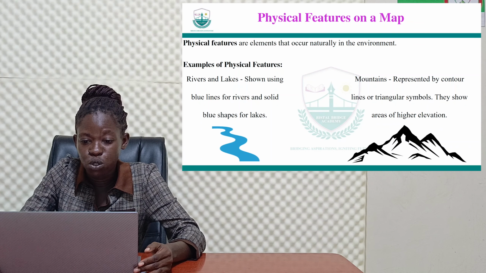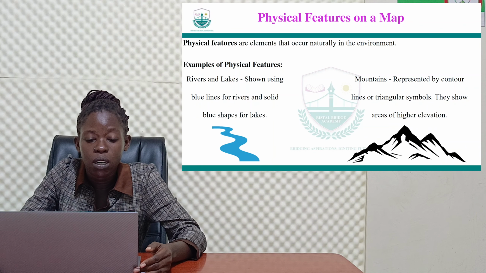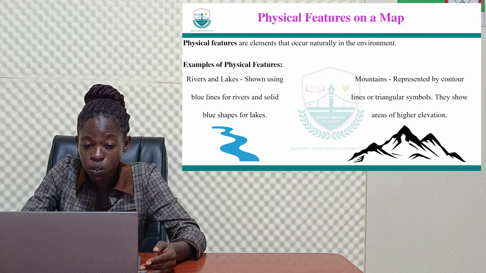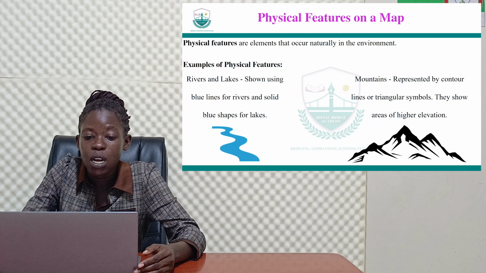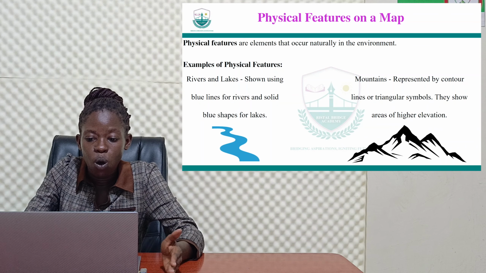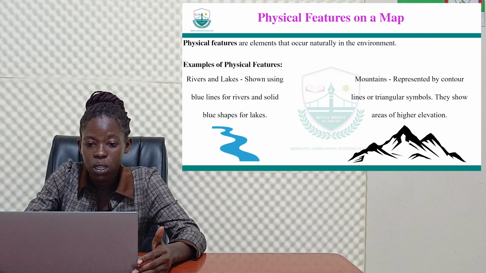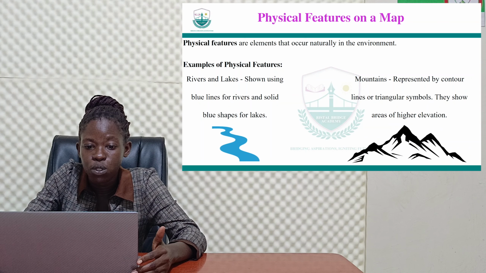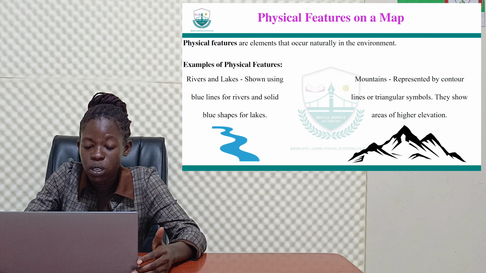Man has no control over the physical features, no hand when it comes to them. So we believe these features were created by God, or they naturally occurred on their own in the environment. These are the examples of physical features that we usually show on different maps.